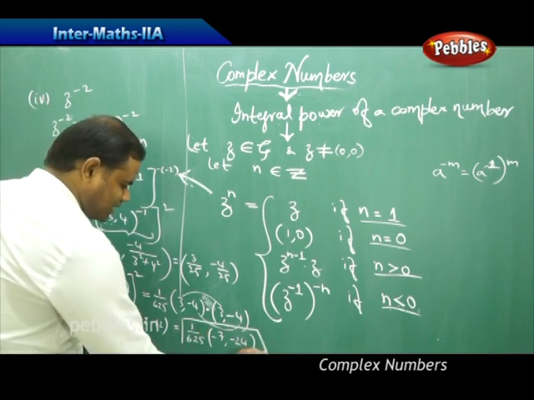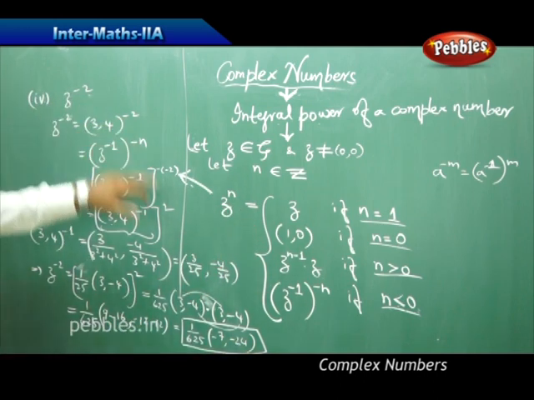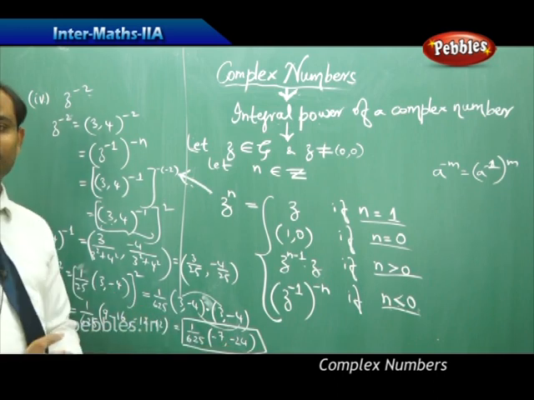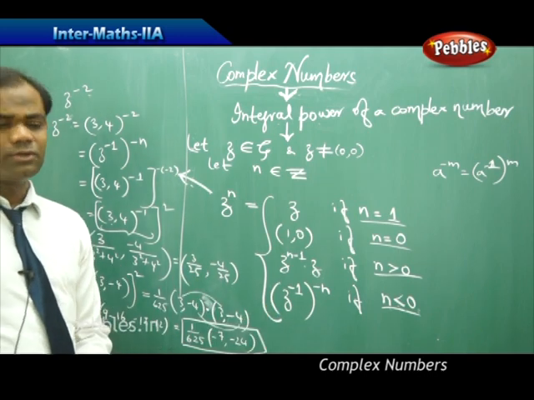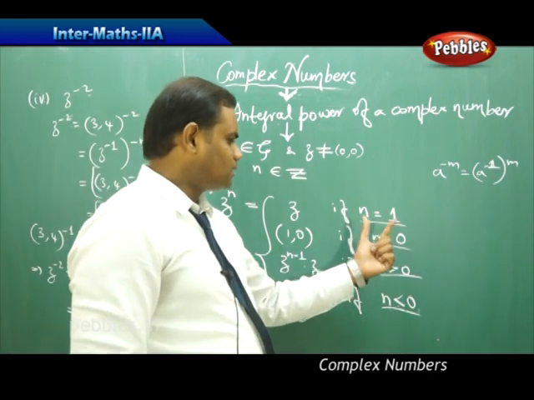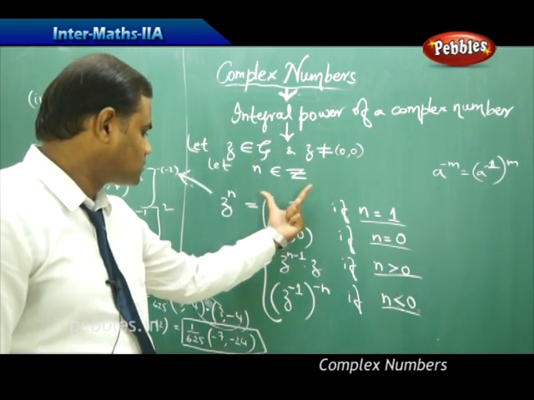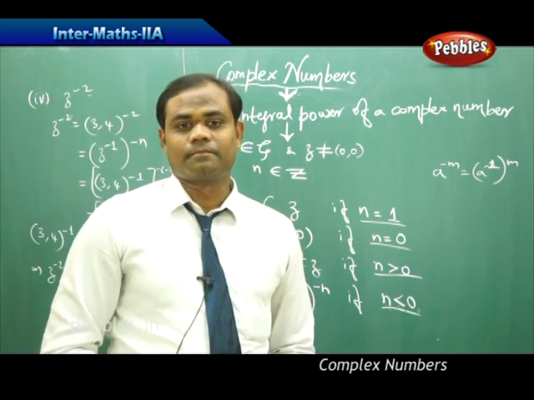So z^(-2) is 1/625 times (-7, -24). This is how we do the last case. Each of the cases where n equals 1, 0, greater than 0 and less than 0 has its own formula through which complex numbers can be operated.